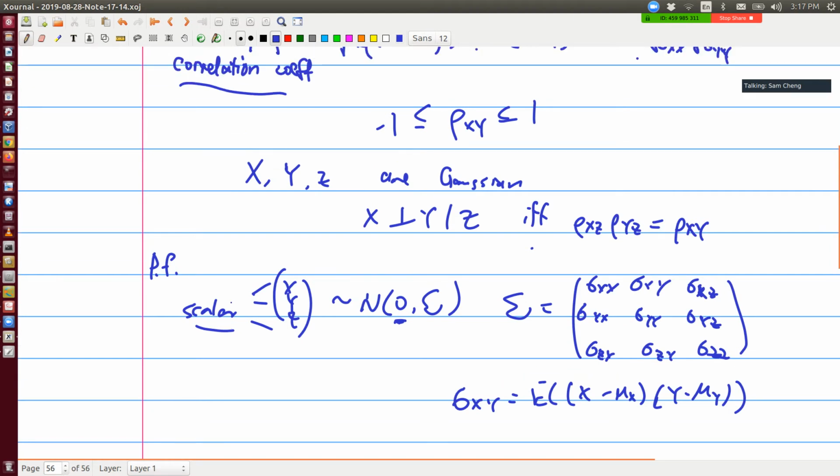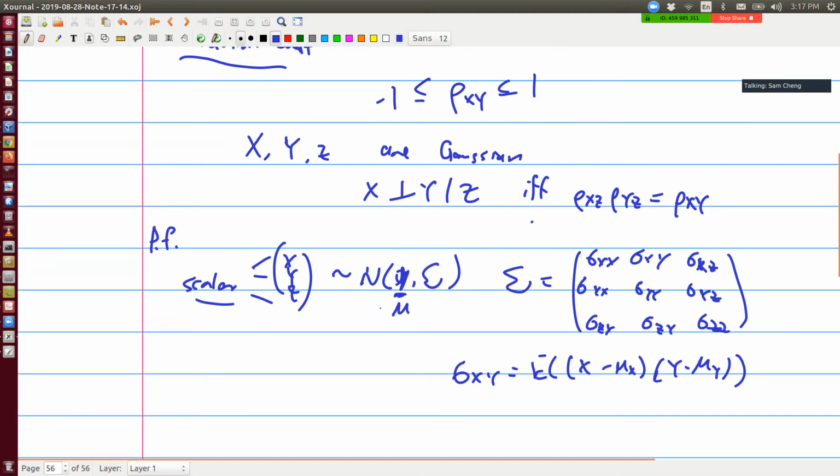Scalar, and I don't even need to assume zero mean. This can be a mean mu. Since they are scalars, each sigma is a variance. Rather, it's this whole thing as a new variable.